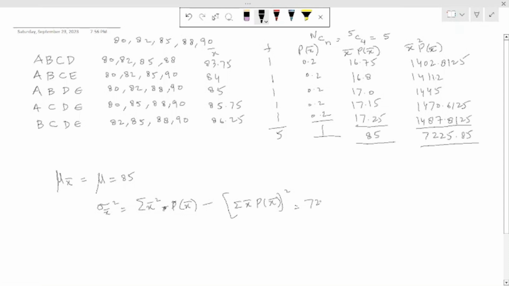Substituting the values of the related quantities, we get the answer as 0.85. So sigma of x bar squared is equal to 0.85.